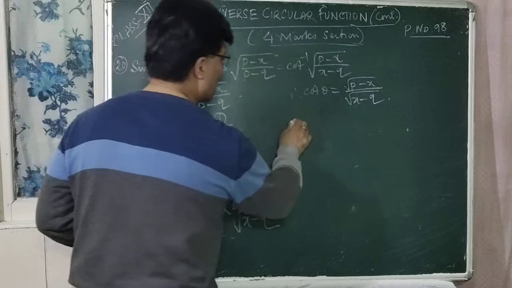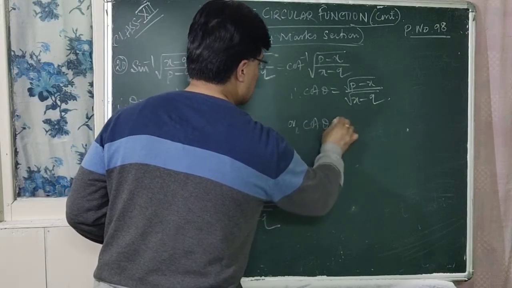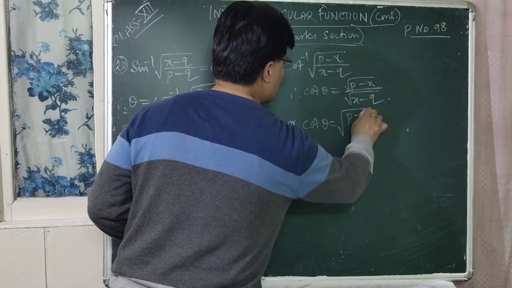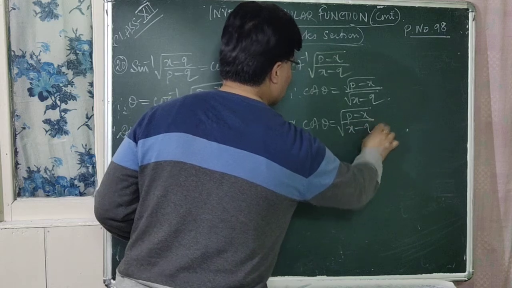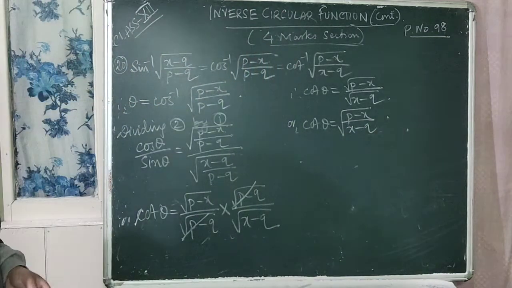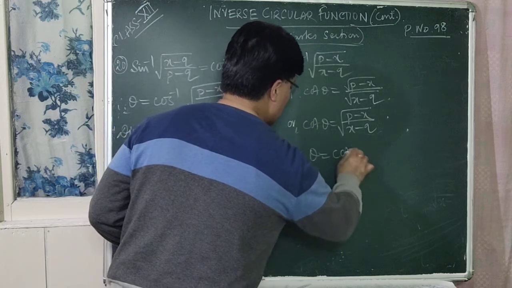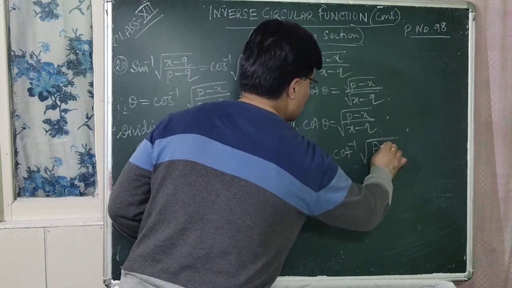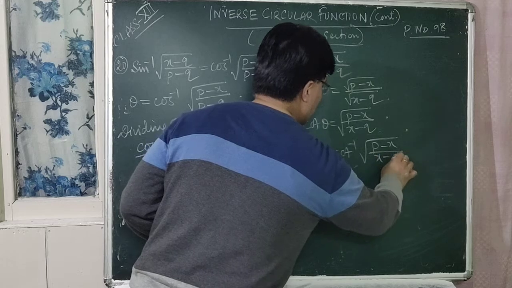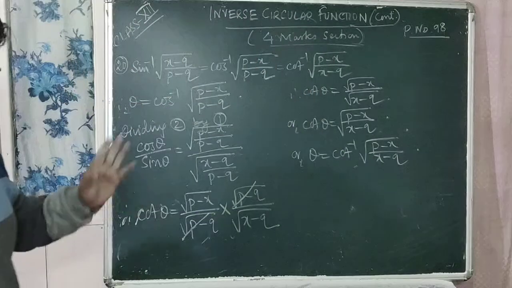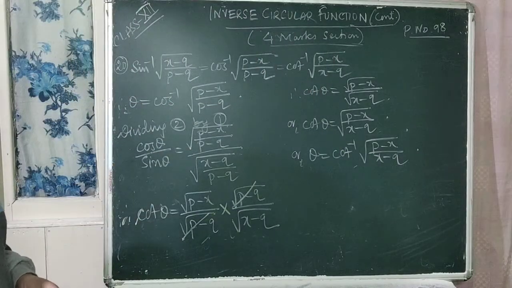Alright? Or what is the value for cot theta? So cot theta is equal to within square root p minus x upon x minus q. Is that clear? So what is the value for theta? So theta is equal to cot inverse within square root p minus x upon x minus q. So we have got the value for theta, isn't it?